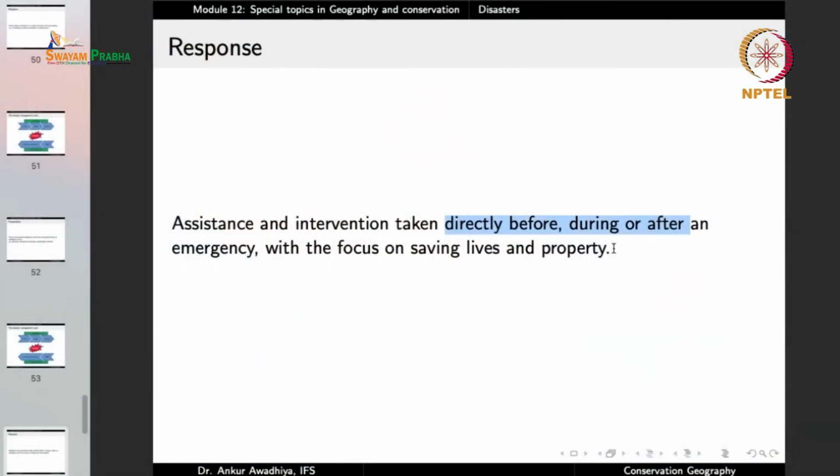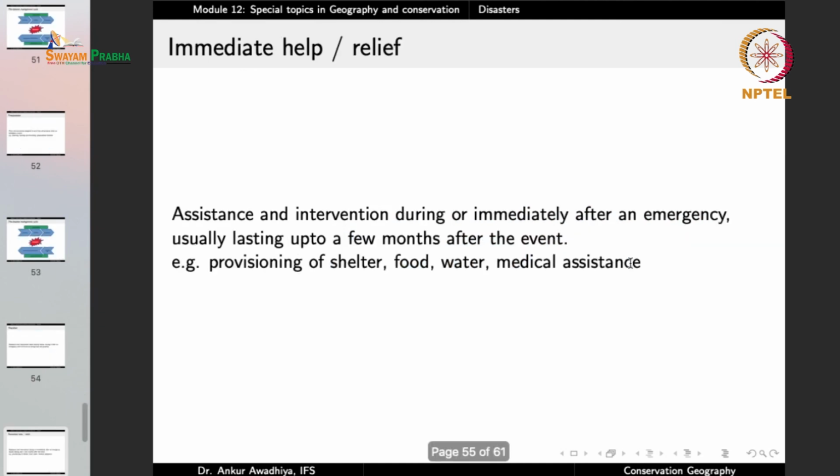So we are making steps, we are making interventions, and we are helping out people to move away from that area. That is directly before. We can have certain interventions during the emergency, and we can have certain interventions after the emergency, and here the focus is on saving lives and property.